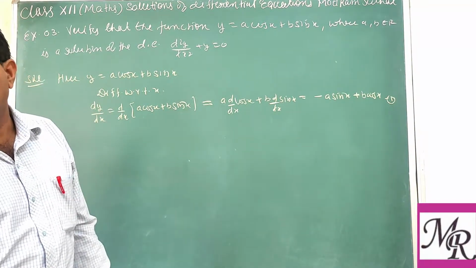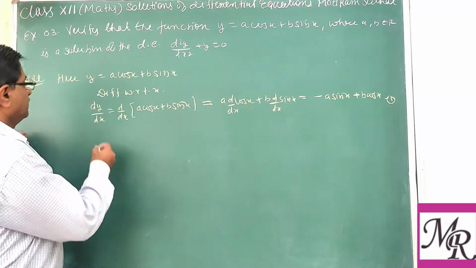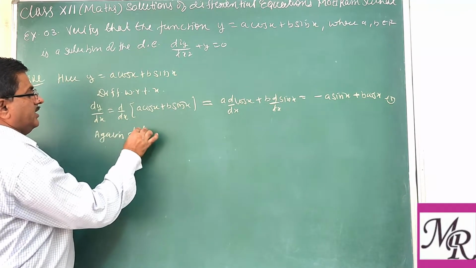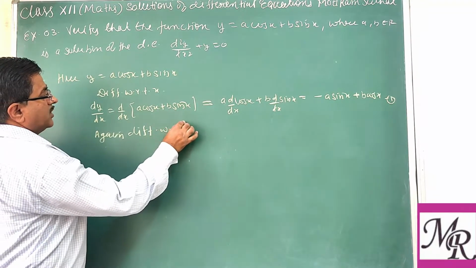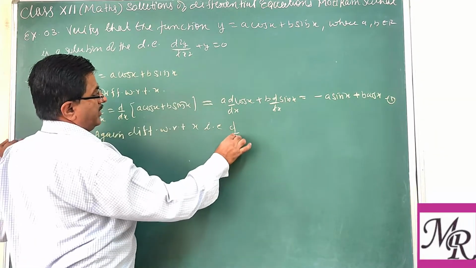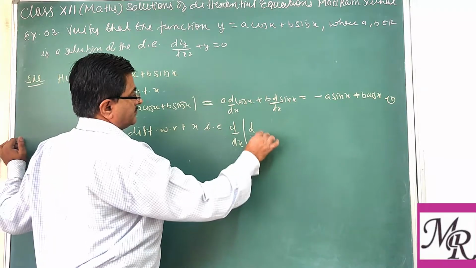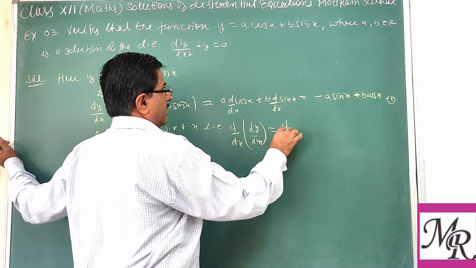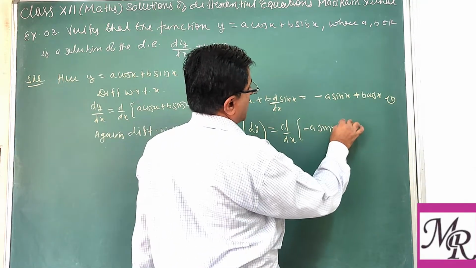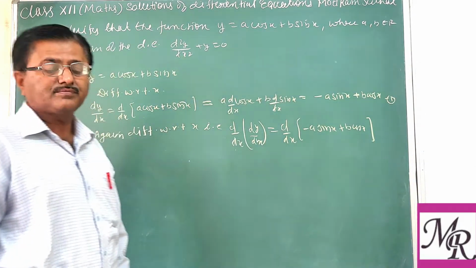Then we have to find the derivative again. So again differentiating with respect to x, that is, we are operating d by dx on both sides. The right side is minus a sin x plus b cos x. Clear?